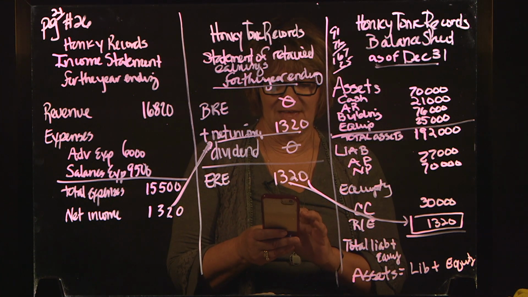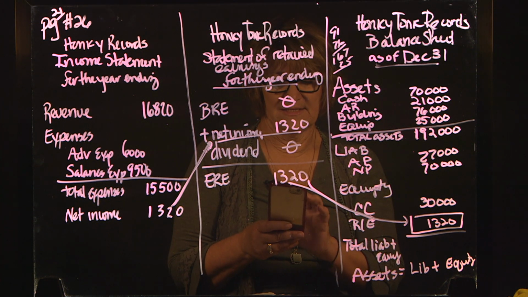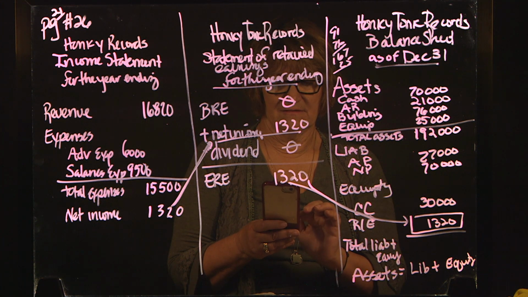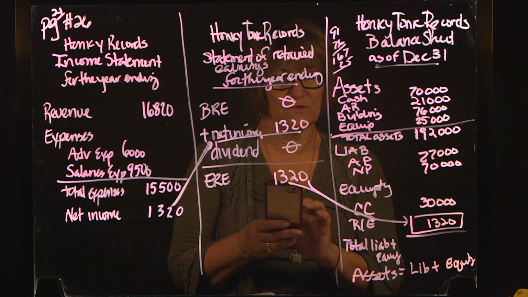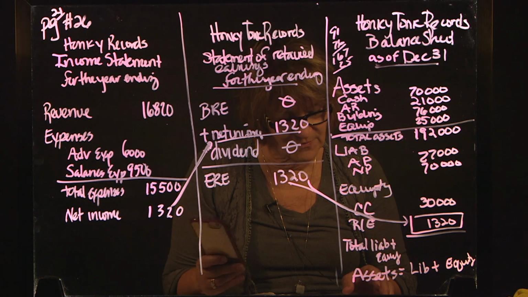So I have 70,000 plus 21,000 plus 76,000, yeah, plus 25,000, plus 25,000 is 192. So I did do the math right.